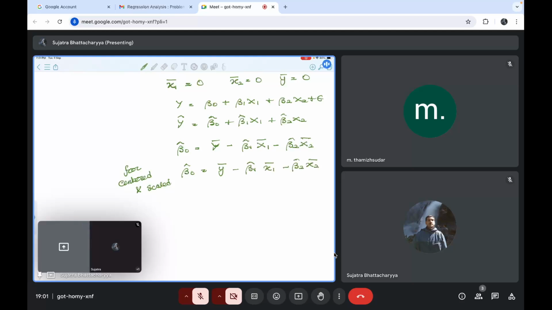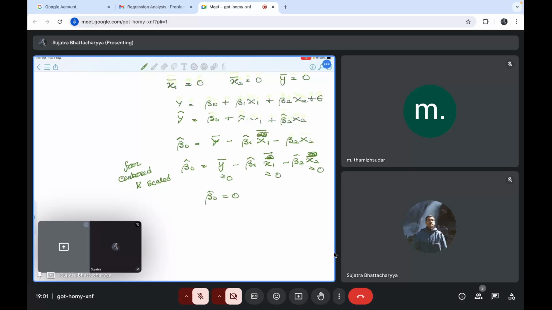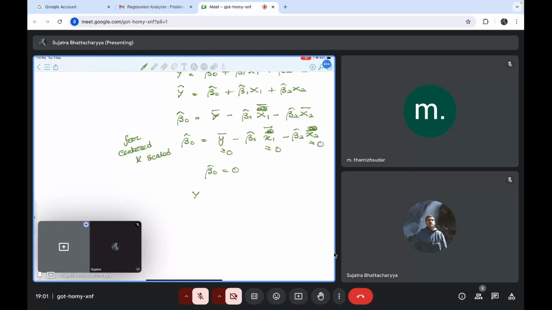So y bar is 0, x1 bar is 0, x2 bar is 0. So beta naught hat goes. Therefore, now my y is actually beta 1 hat x1 plus beta 2 hat x2.